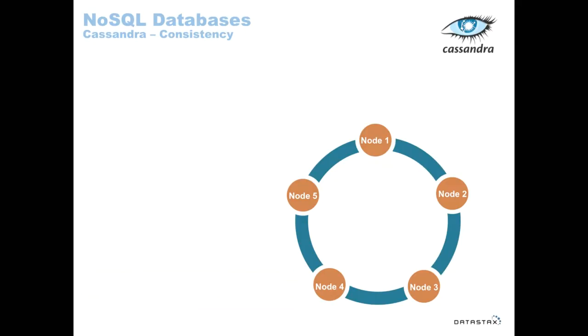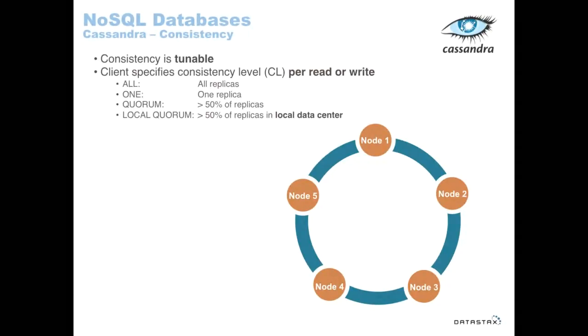So consistency. Cassandra doesn't totally ignore consistency, but consistency is tunable, which means that the client specifies the consistency level desired for each read or write transaction. There are a bunch of different options that the client can specify.